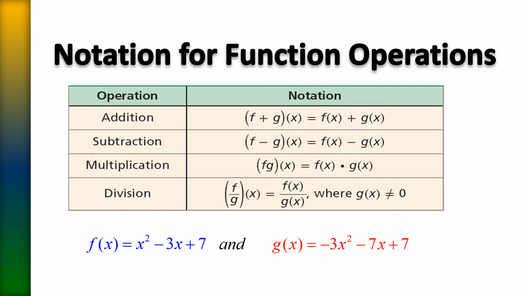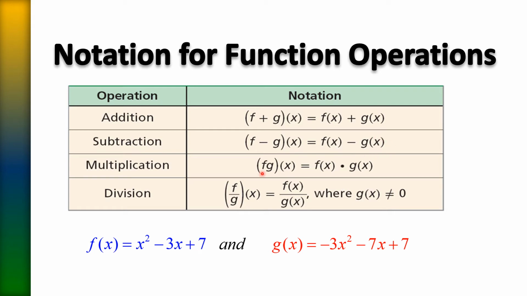The addition operation is if you see f plus g of x, that means you're going to take these two functions, both f of x and g of x, and simply add them together. When you see f minus g of x, that simply means you're going to take the two functions and subtract them.